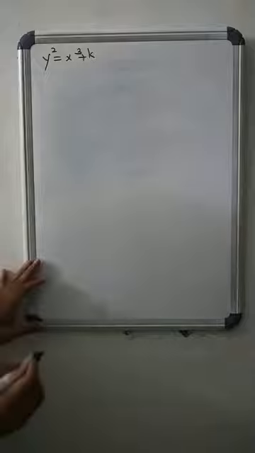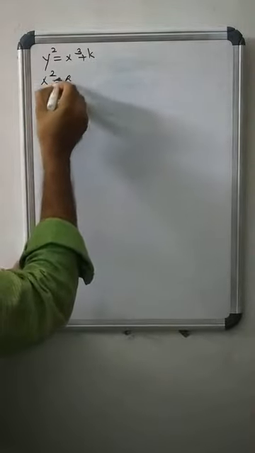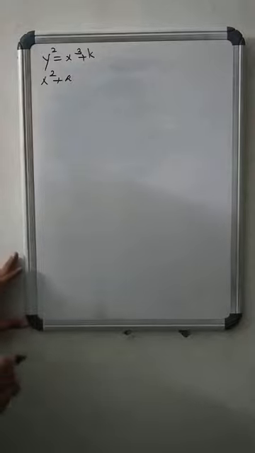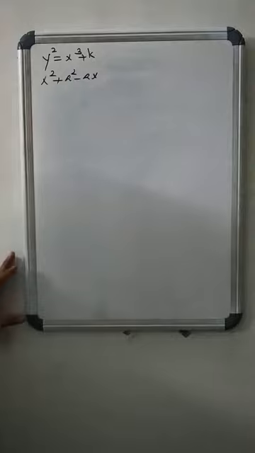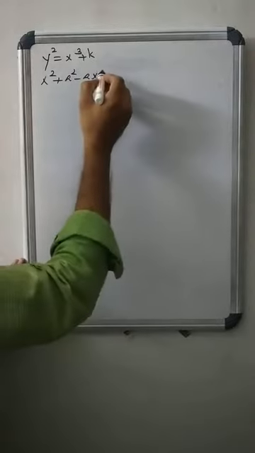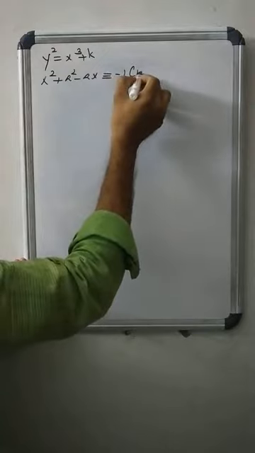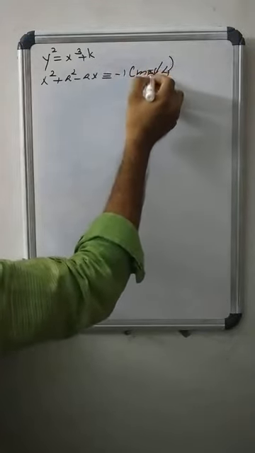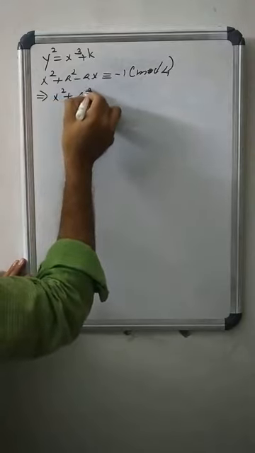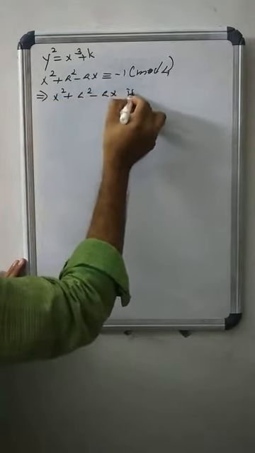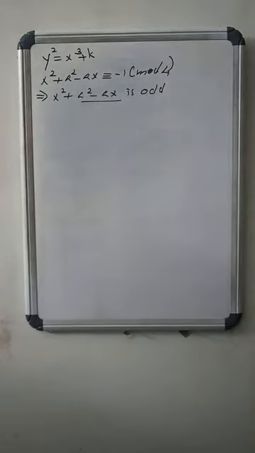Finally, we obtain that x square plus a square minus ax is congruent to minus 1 mod 4. X square plus a square minus ax congruent to minus 1 mod 4 means this x square plus a square minus ax is odd. Okay, x square plus a square minus ax is odd.